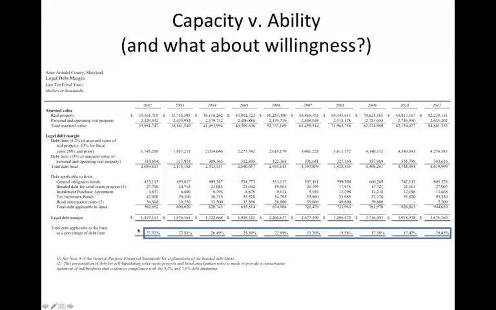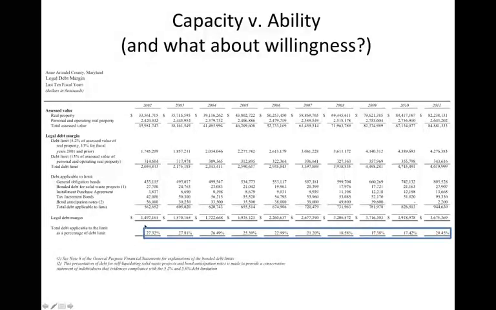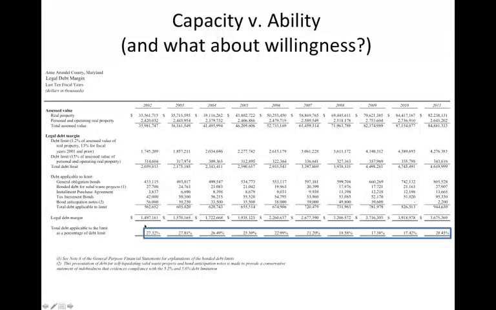So the fact that they could borrow legally another $1.5 billion may not mean that they could actually afford to do that. And that's why looking at these ratios in conjunction with looking at the affordability or debt burden ratios, you want to look at those in conjunction and neither one in a vacuum without looking at the others.